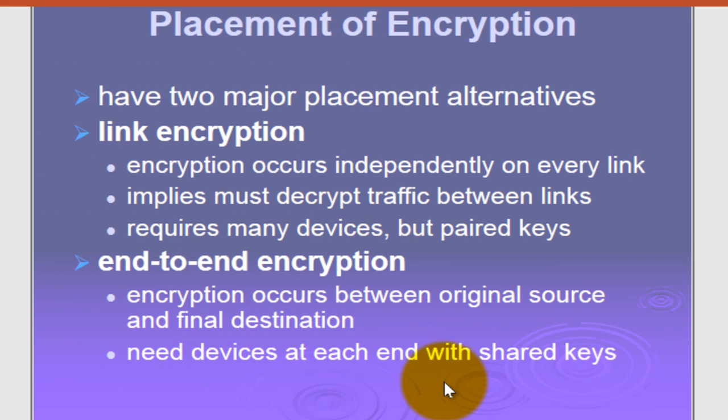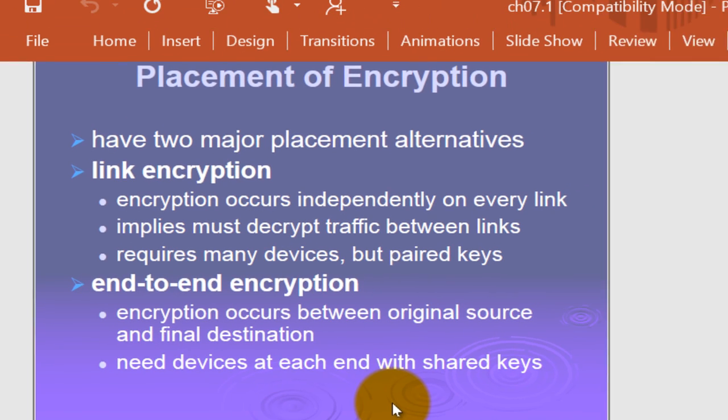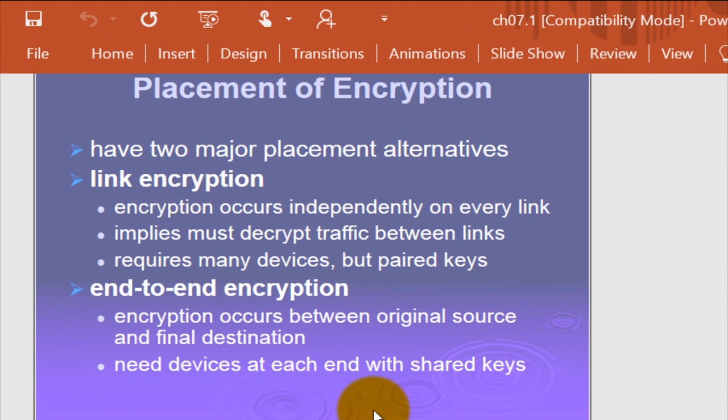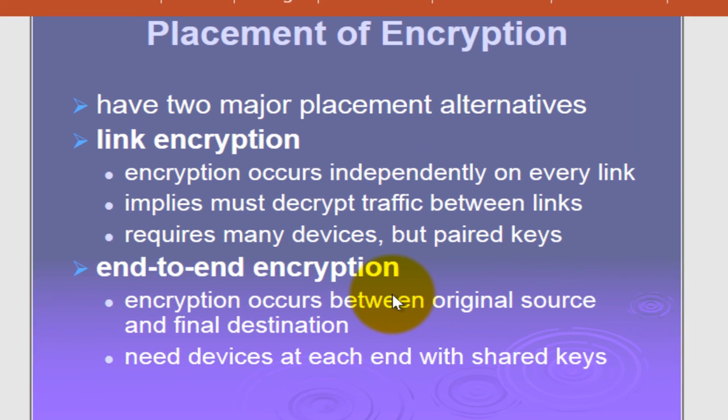There are many packet switching networks in a network for connecting various networks. The link encryption is placed at each and every link in a network. At each and every packet switching network, you have to place link encryption.